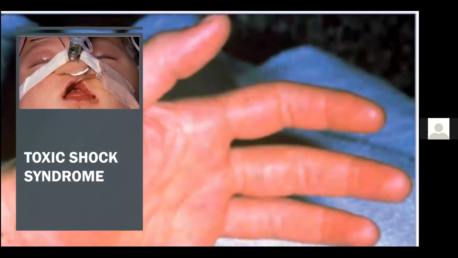And this young infant shows hyperemia of the lips, the red lips and the swollen eyelids with capillary leak. And toxic shock syndrome is a superantigen that polyclonally activates up to 10% of all your T cells and causes rapid release of multiple cytotoxins.